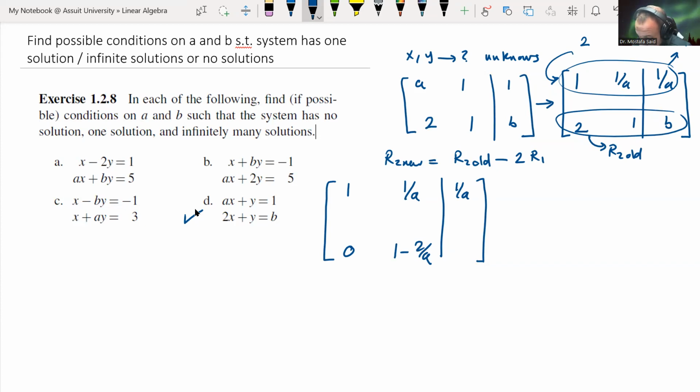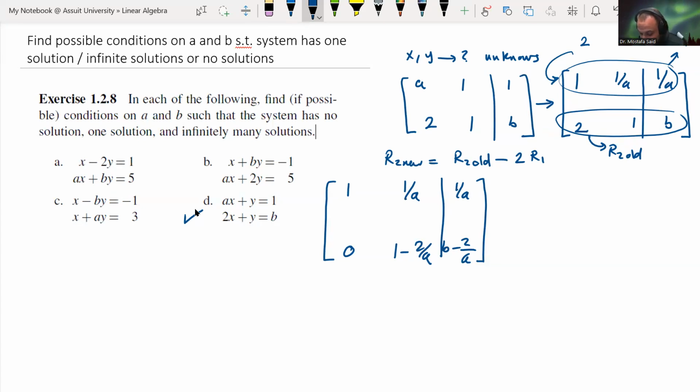Then we multiply b by 1 as well, so it will be b minus 2 over a. Good. Then we're going to stop here. We will not continue our Gaussian elimination.